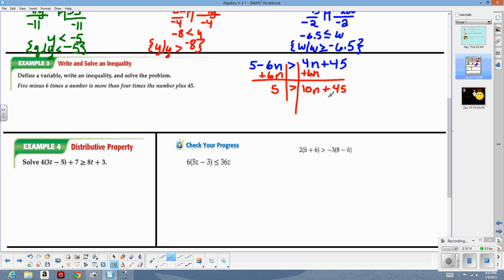To get the n alone, we're going to subtract 45 from both sides. 5 take away 45 is negative 40.